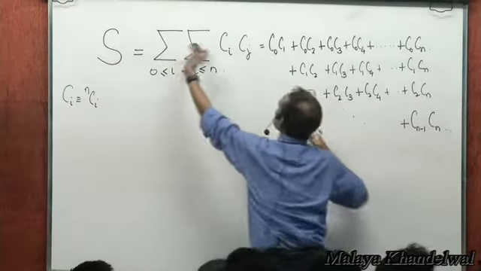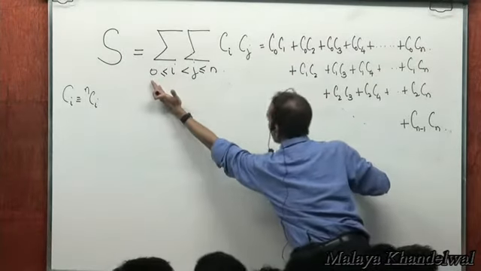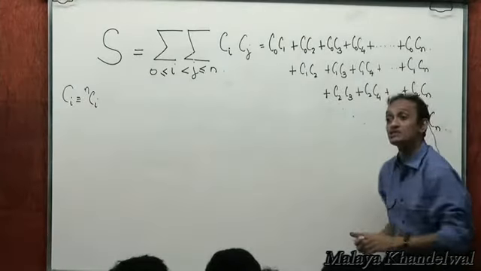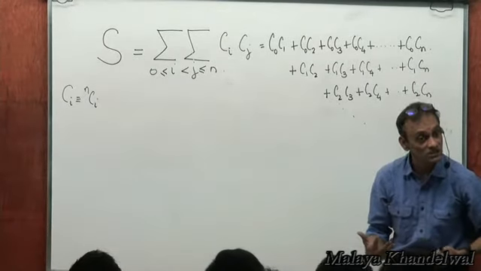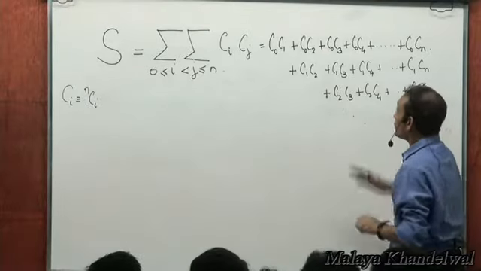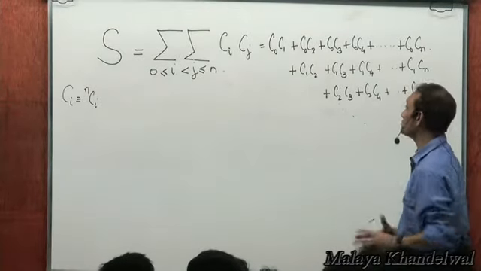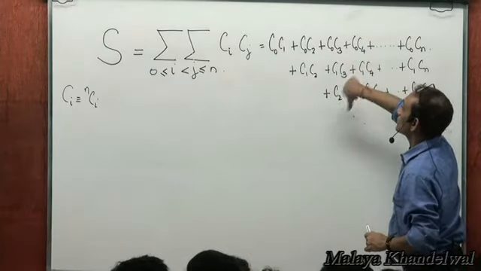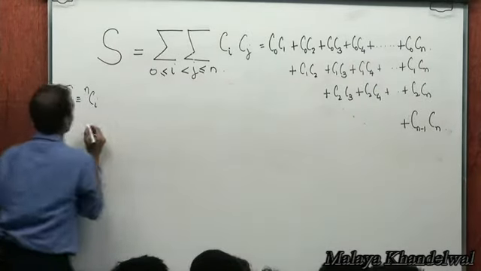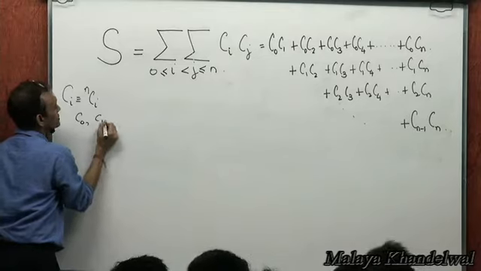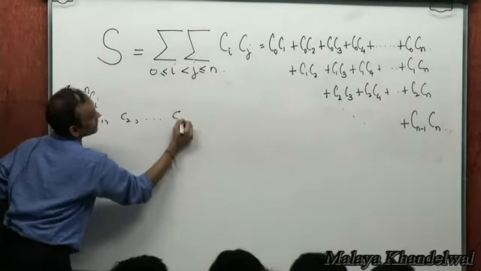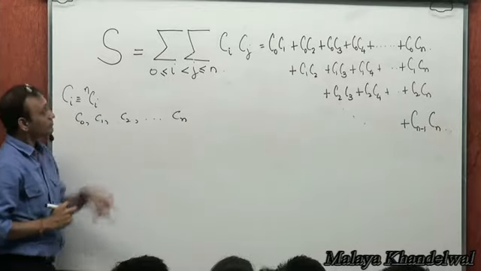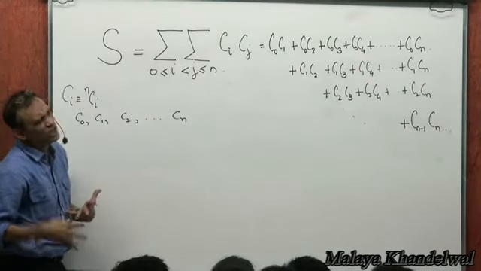So the double summation of Ci Cj, with i greater than or equal to 0, less than j, less than or equal to n, means this kind of a summation. Now in this summation, one peculiarity that you see: if I had these numbers C0, C1, C2, Cn, do you realize that every Ci Cj has appeared only once?